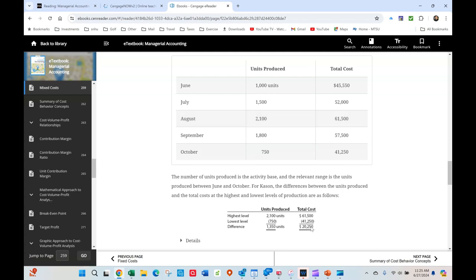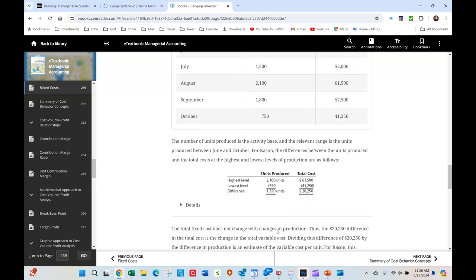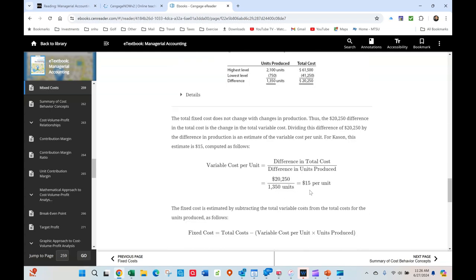It's 20,250, and the difference in units is 1,350. You'll look at this difference in your total cost divided by the difference in units produced, and you've got $15 per unit, which is considered your variable cost.